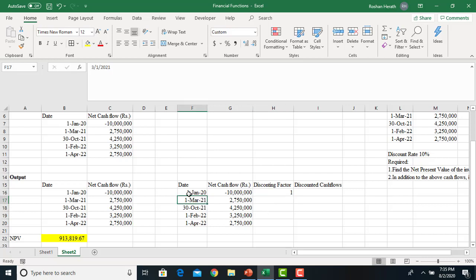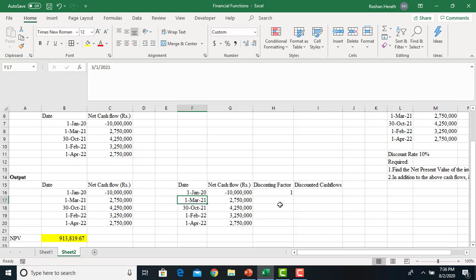The starting point is 1st of January 2020. Then the first cash inflow occurs on 1st of March 2021. So how many periods exactly from 1st of January 2020 to 1st of March 2021? It's exactly 14 months.